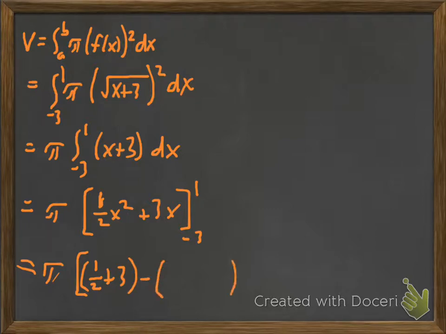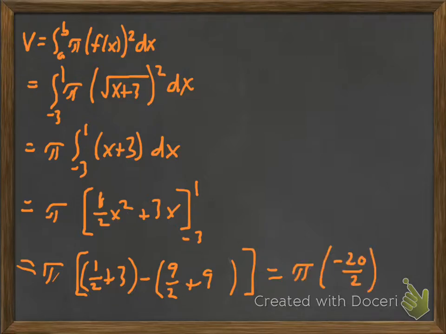And if I plug in -3, I get 9 times 1/2, 9/2, plus 9. And then I'll trust that you can do the simplification from there. You end up with pi times -20 halves, or in other words, -10 pi.